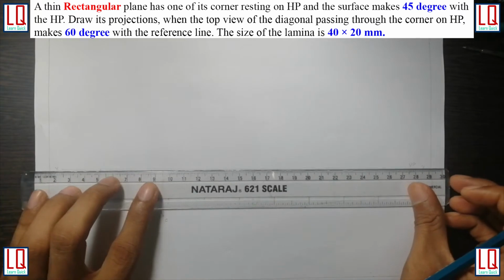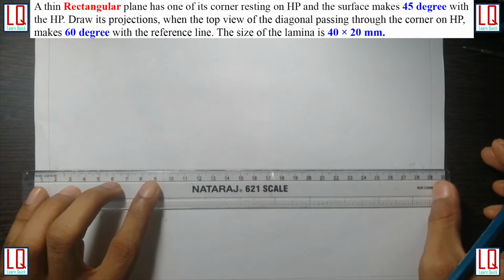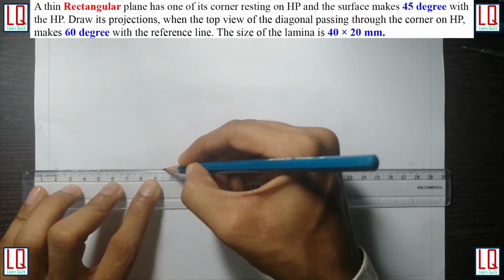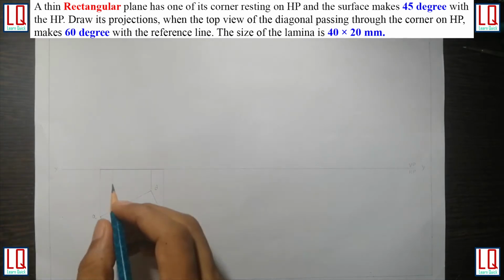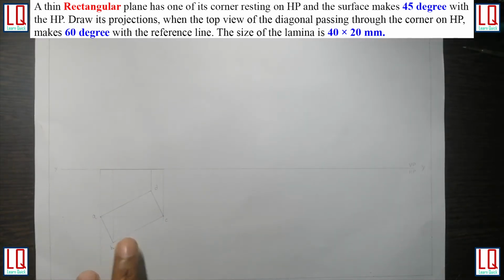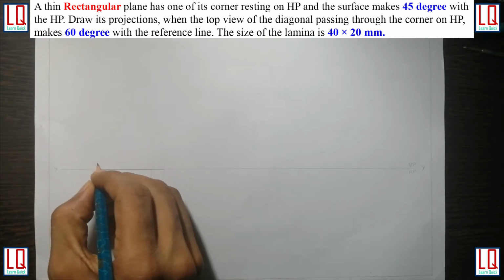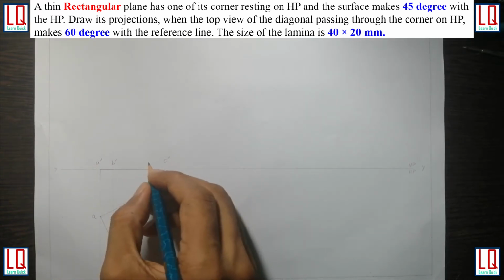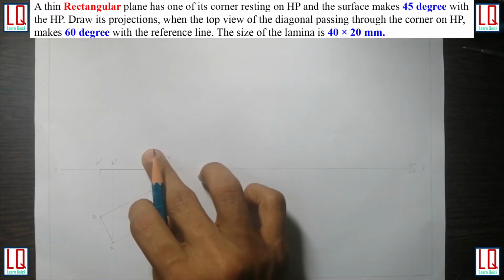Now I draw the front view of the rectangle, which is visible as a straight line in your front view. Now mark the corners in your front view. When I view from the front, A, B, C is visible and D is not visible. So I write here A dash, B dash, C dash and bracket D dash. Now my step 1 and step 2 are completed.